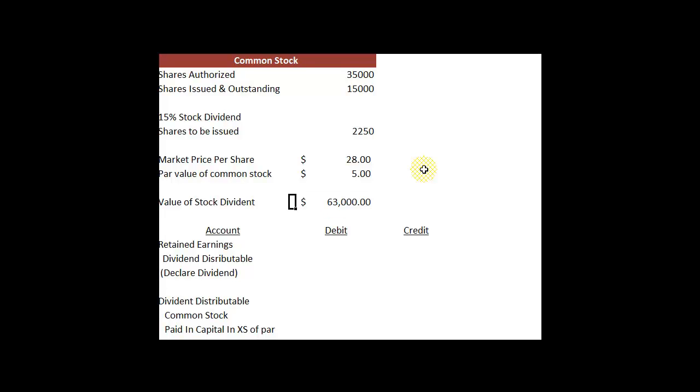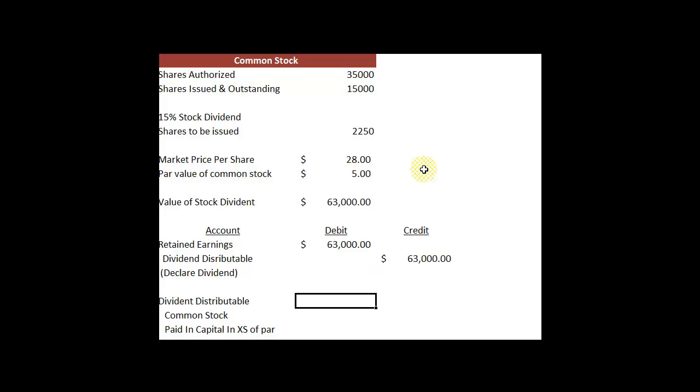Here's what the journal entry would look like. Every time we create a dividend and declare it, we always debit retained earnings. It's a distribution of profits within the company. We're going to credit dividend distributable, not payable. We're not paying anything. And so when we declare a stock dividend, this is what it would look like.